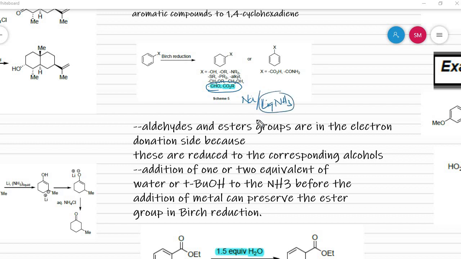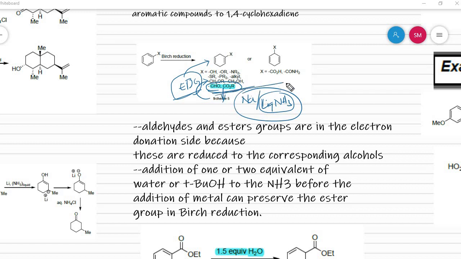So initially, the reagent system will reduce the esters and aldehydes into the alcohol. The alcohol is an electron donating group, so it acts like a donating group, and the reduction goes similar to an electron donating group substituted benzene. That is the reason.